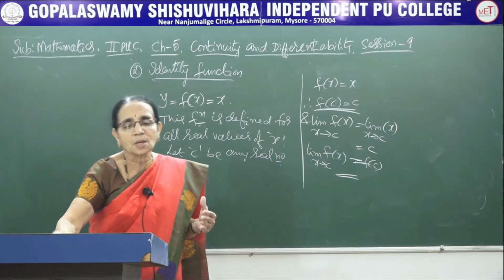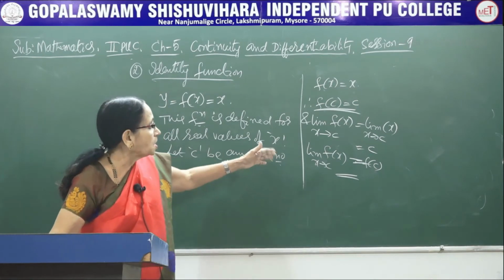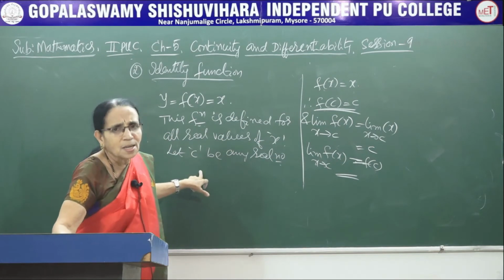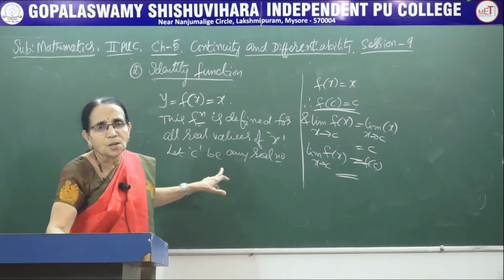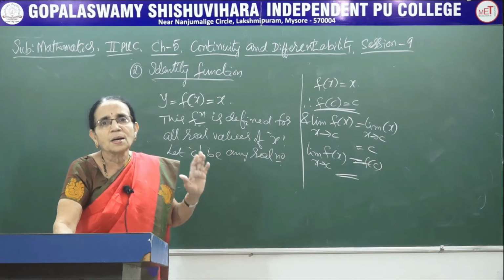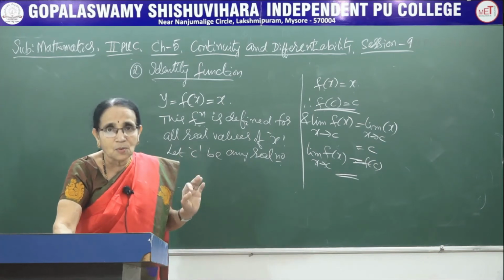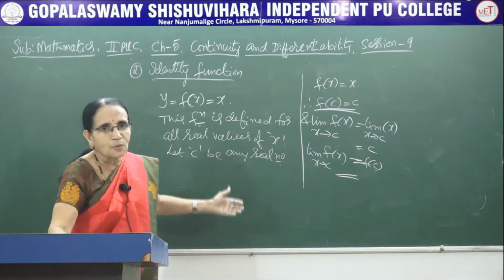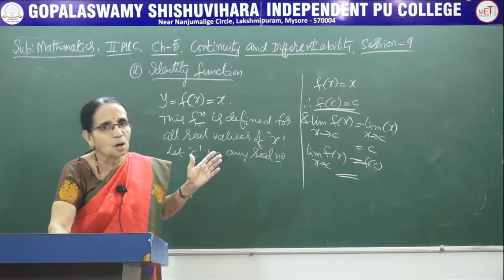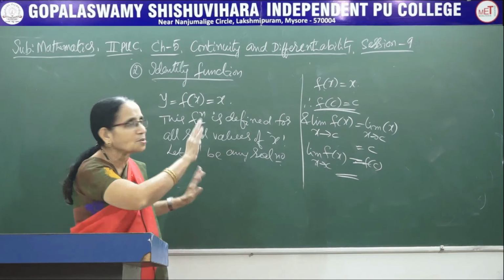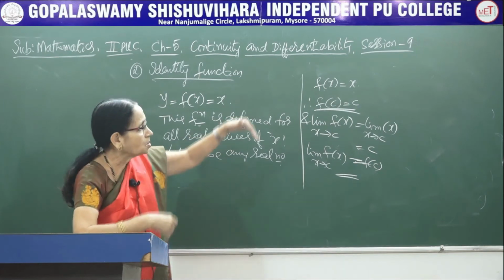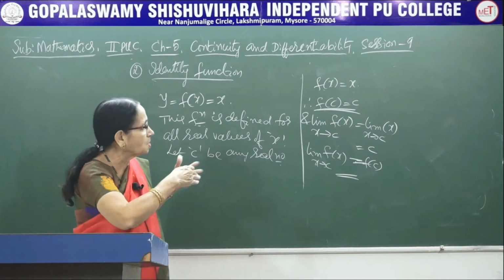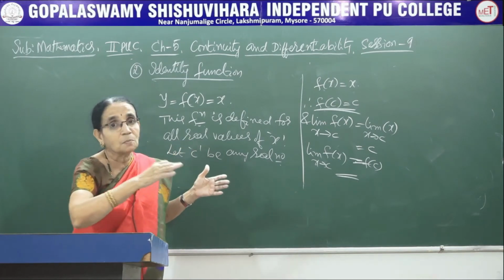That means, what is our conclusion? The function is continuous at this point c, but we have taken c to be any real number here. So, the function is continuous for all the real values of x. In other words, it is a continuous function. I showed you the graph of that one. It is a line passing through the origin. You can extend on both sides of the line, above or below, you can extend any number and it goes like that without any break at all.